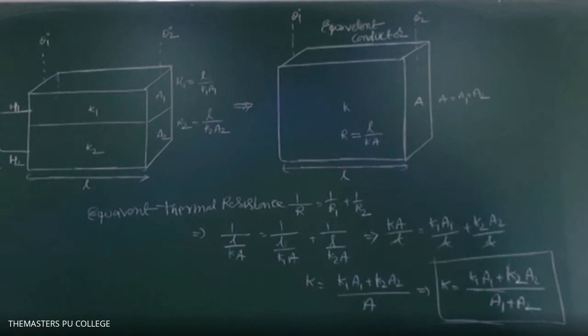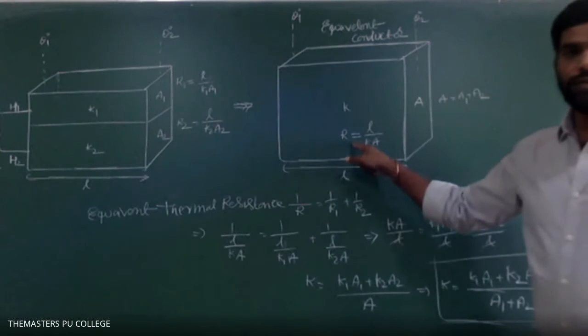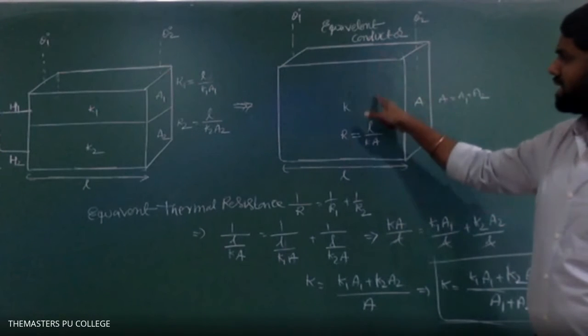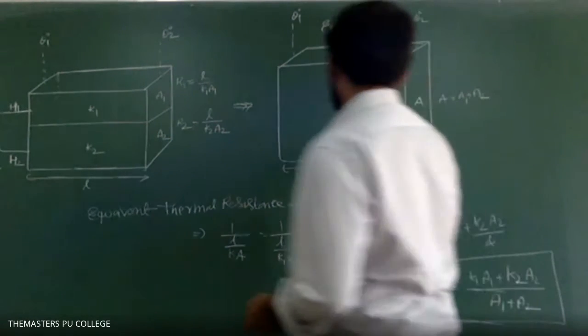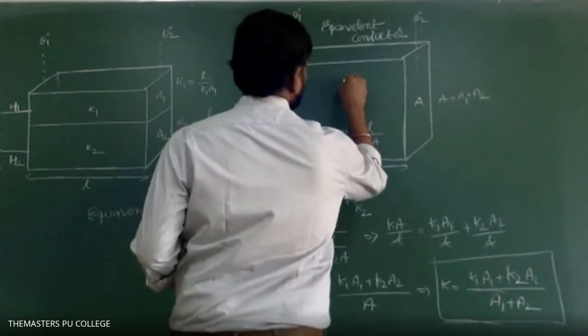Sir, is that the equivalent thermal resistance? Yeah, this is the equivalent thermal resistance. This is an equivalent conductor, that's why this will be the equivalent thermal resistance. If you want, we can write here also.